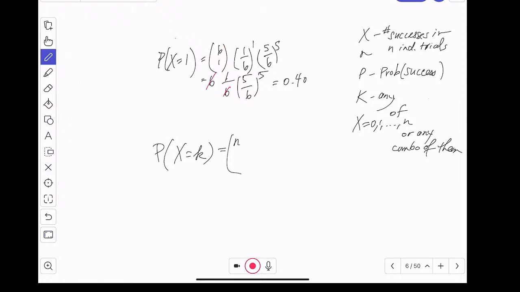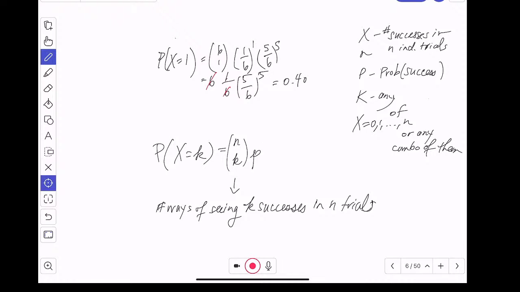So it's going to be n choose k, the number of ways of seeing k successes in n trials, times the probability of success p to the number of successes k.